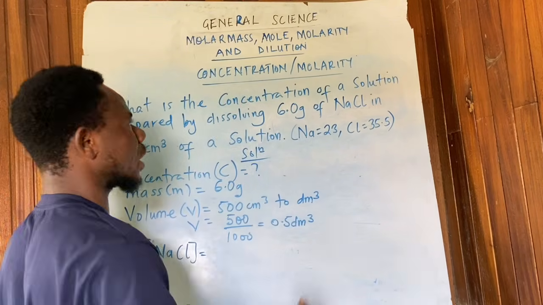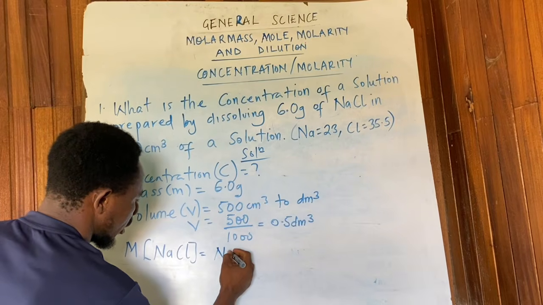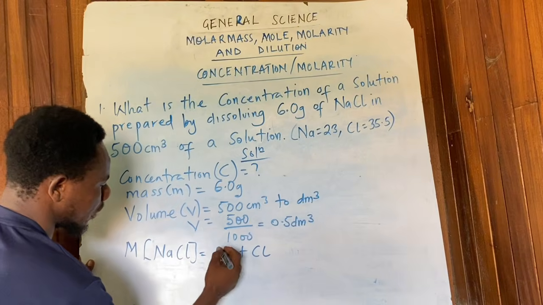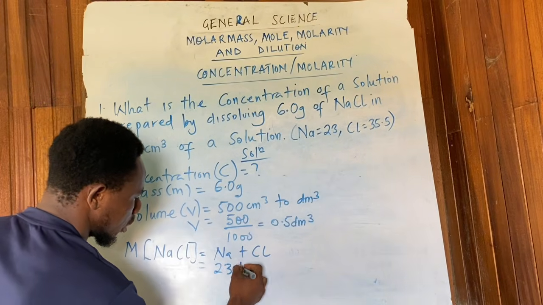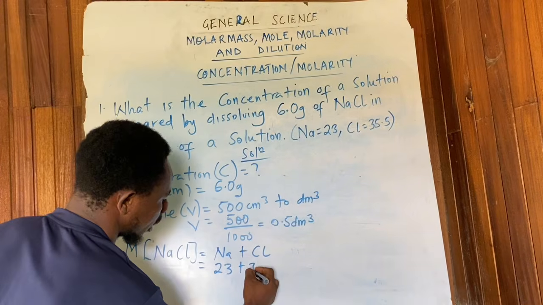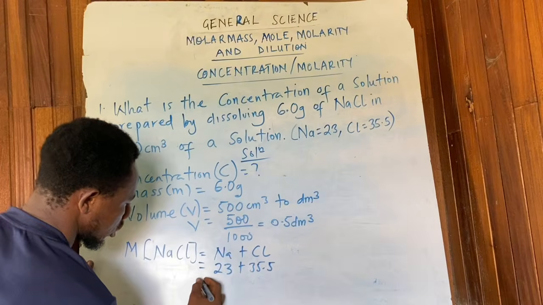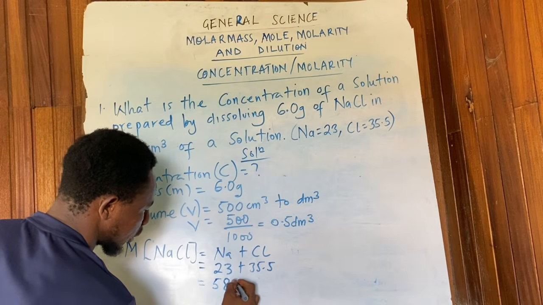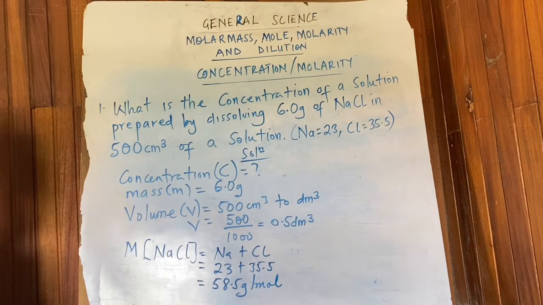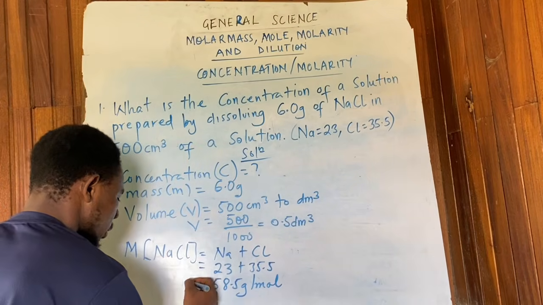So molar mass of NaCl is Na plus chlorine, Cl. So molar mass is 23 plus 35.5, so we are going to get 58.5 grams per mole, which is our molar mass.